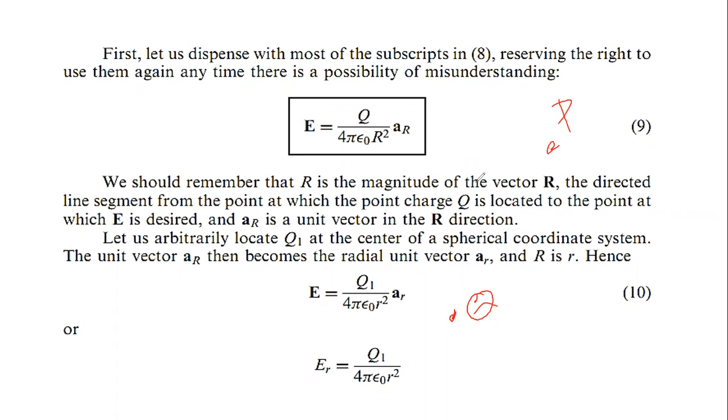So at this point P, the electric field intensity EP will be equal to Q divided by 4 pi epsilon naught R square into AR.